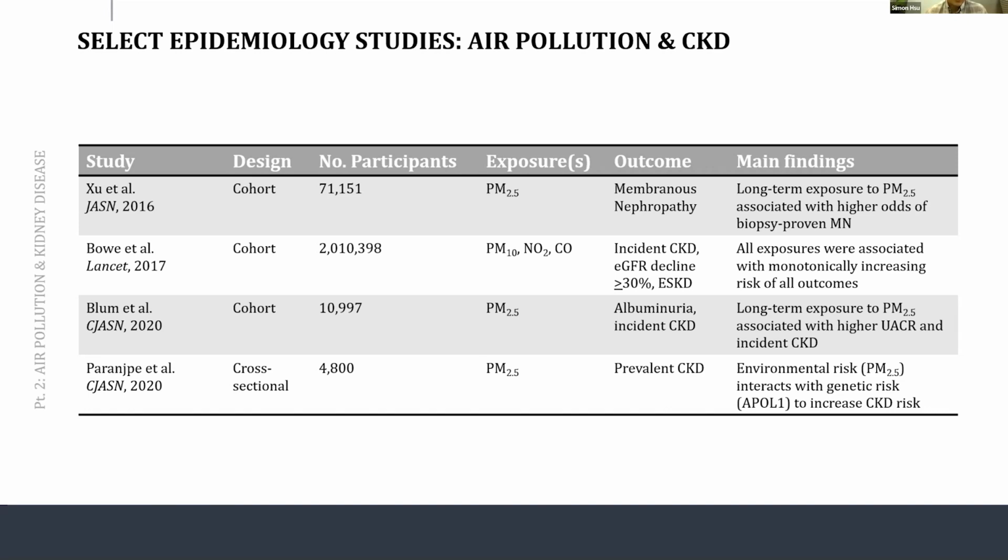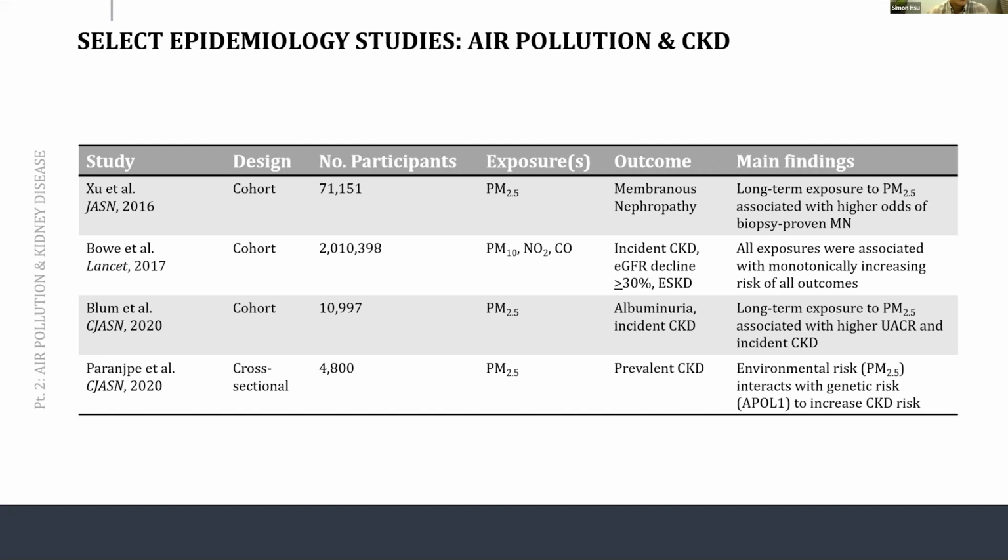Bowe and colleagues in Lancet a year later, over 2 million participants, and they studied 3 exposures, and they found that coarse particulate matter, nitrogen dioxide, and carbon monoxide were all associated with increasing risk of incident chronic kidney disease, eGFR decline of at least 30%, and incident ESKD. Bloom and colleagues' study in 2020 showed that fine particulate matter is associated with higher albuminuria and also incident CKD.